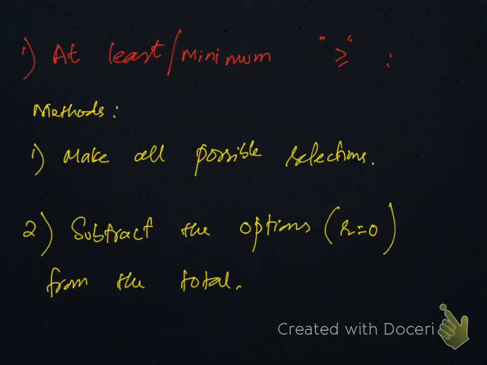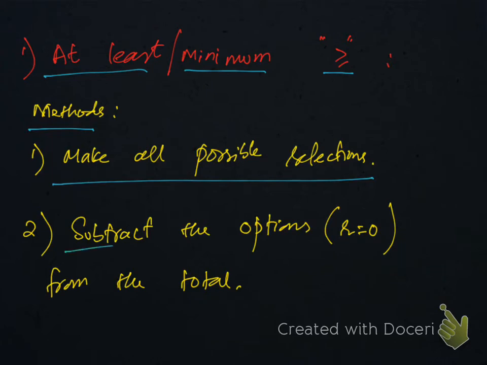At least or minimum. Now this is one of the most important cases in combinations. Greater or equal. Methods. There are 2 methods to solve these types of questions. Usually we have 2 methods. Make all possible selections. This is method number 1. And method number 2, subtract the options from the total. For example, 0, 1, whatever.